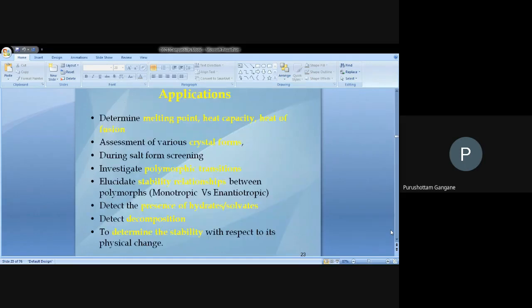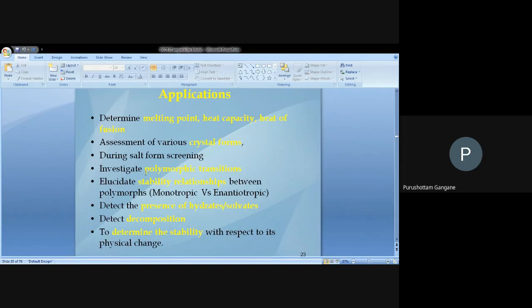What are the applications of this thermal analysis? To determine the melting point, heat capacity, heat of fusion, then assessment of various crystal forms, such as cubic, hexagonal, tetragonal, you can identify. It can be used during salt form screening.